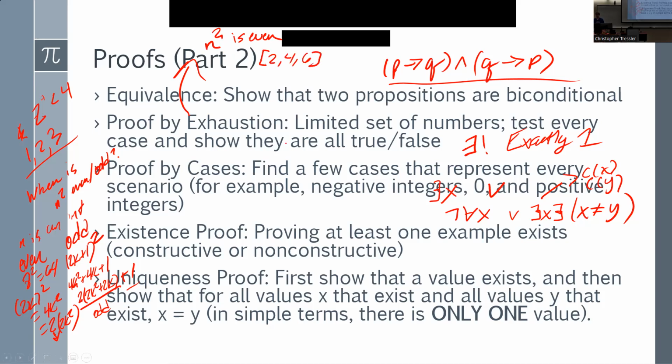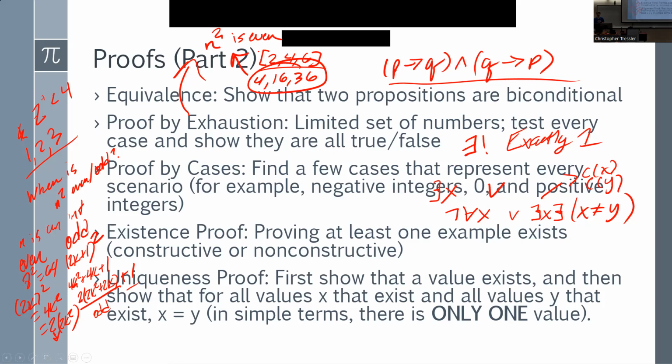This is your entire domain. An exhaustion proof would be saying 2 squared is 4, 16, 36. Well, we've tried it for every single number and we see it's even. So for all n, n squared is even. That would be an exhaustive proof.